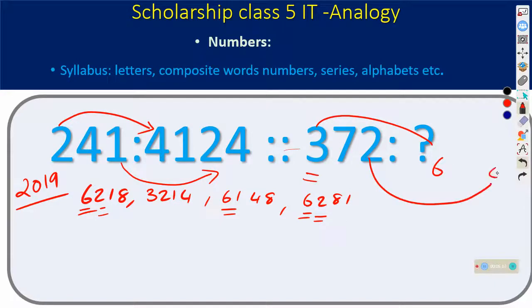In that case, 3 will become 6. 2 will become 4. Right? Like that we can think in this case. So in that case 2 became 4, 1 became something like that. You can apply your common sense along with me.